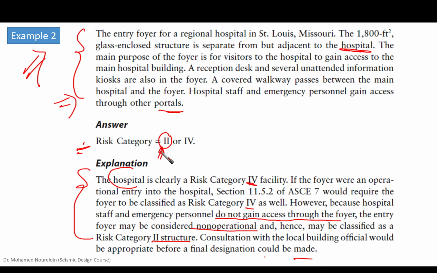But I want to be sure that our building is not going to pose any kind of threat on the hospital, so I can choose in this case risk category 4. As I said, this decision should not be taken by the structural engineer only. It should be taken by other officials, even including the owner of the building.